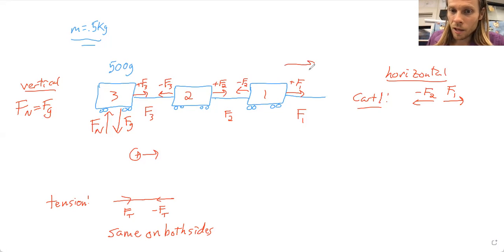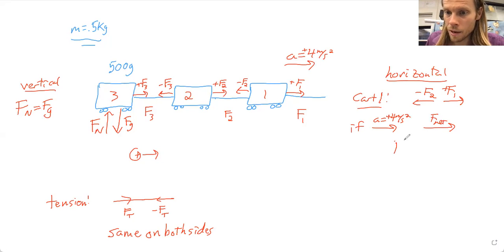Let's say that they're accelerating to the right at 4 meters per second squared, which is positive because it's to the right. Emphasize that's positive. So if A is to the right, then Fnet is also to the right, and then F1 is greater than F2 in magnitude.